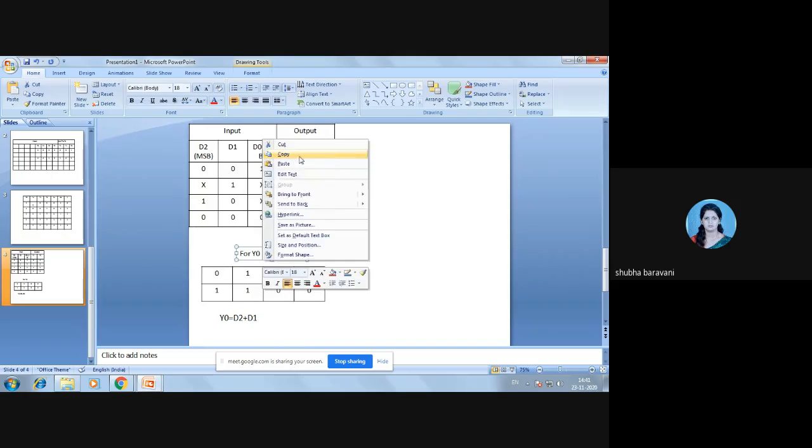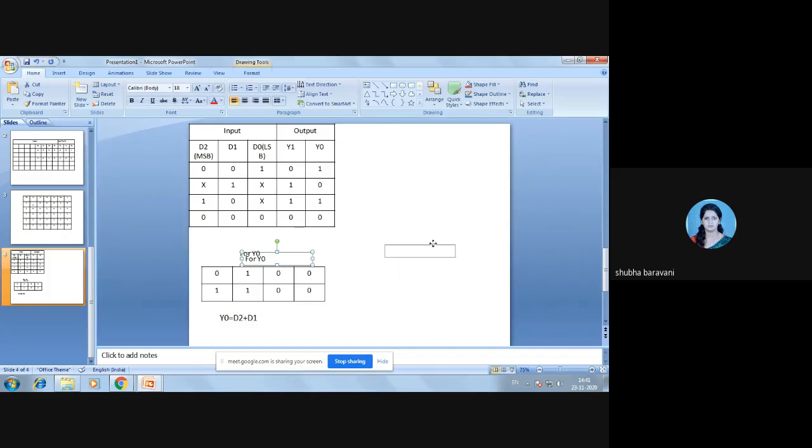So parallelly, I'll put a K map for y1. K map for y1. Y1 is 1 for 0 1 0, 0 1 1 and 0 0 1, 1 0 1, 1 0 0.